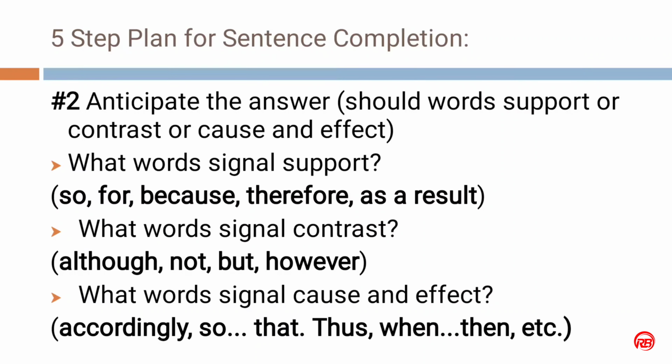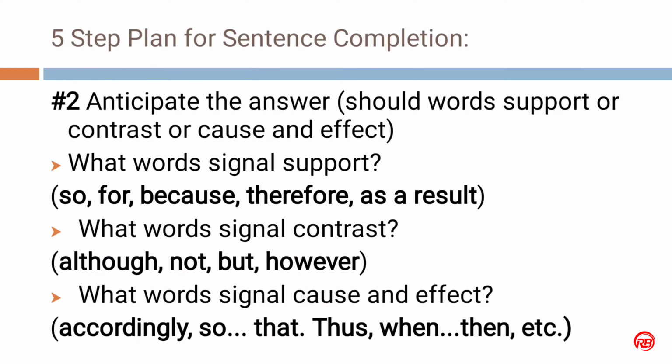And what words signal contrast? Although, not, but, however, these are all contrasting ideas. And what words signal cause and effect? Accordingly, so that, thus, when, then, and so on.